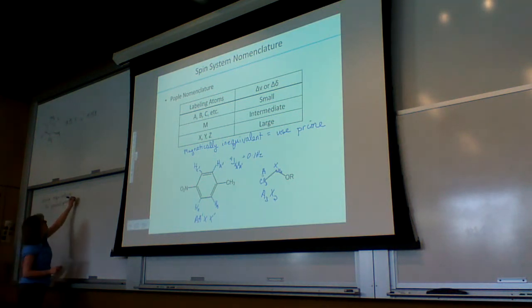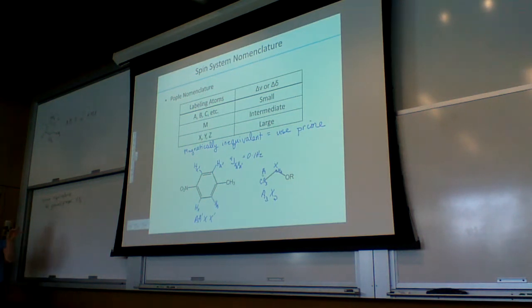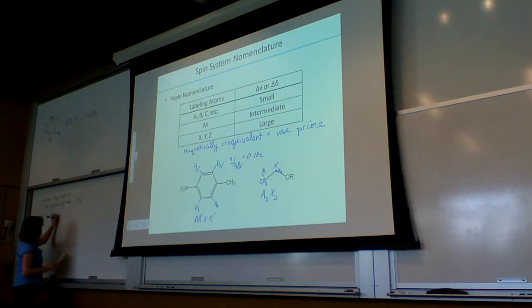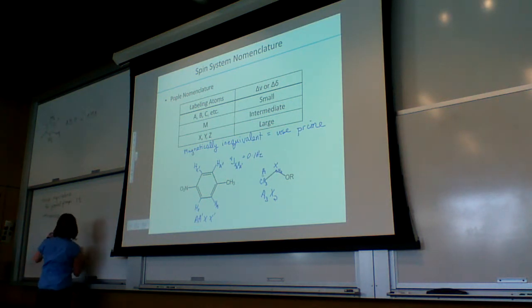Remember, these are CH2 groups where you have two hydrogens attached to the same carbon. For the most part, what we've seen so far is they're homotopic. In a homotopic, they are always equivalent.